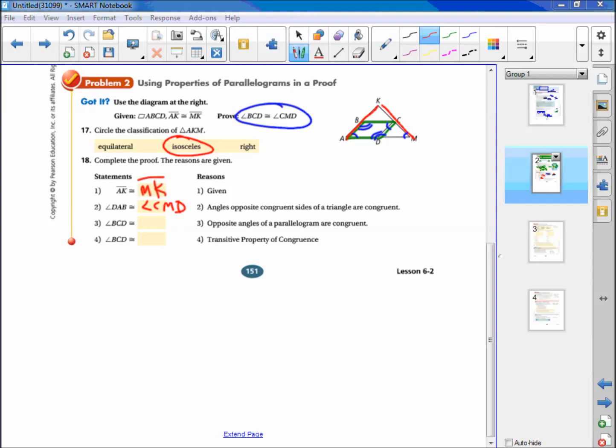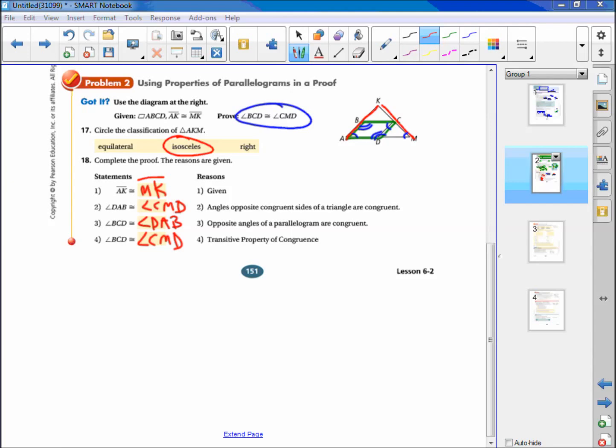All right. And then we have BCD is congruent to some other angle because opposite angles of a parallelogram are congruent. So BCD has a 1 mark on it. It's in the parallelogram. And opposite of that is going to be angle BAD or DAB. Okay. Because opposite angles of a parallelogram are the same, so they both have 1 marks. And now we can see what we need, which is BCD is congruent to CMD. And if you look up here, you can see 1 marks on both of those.